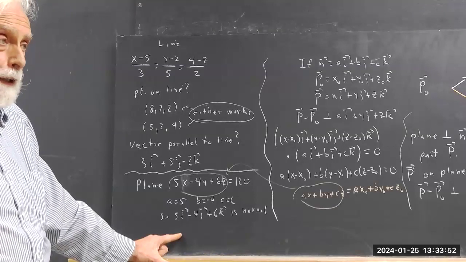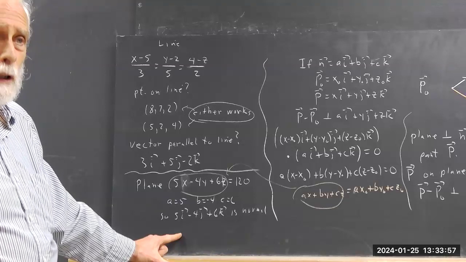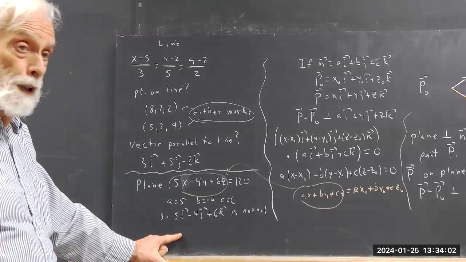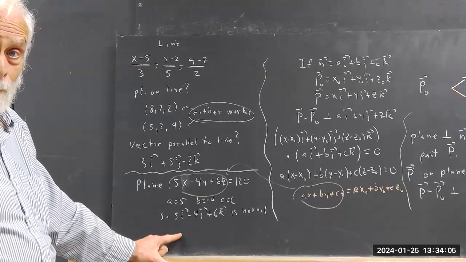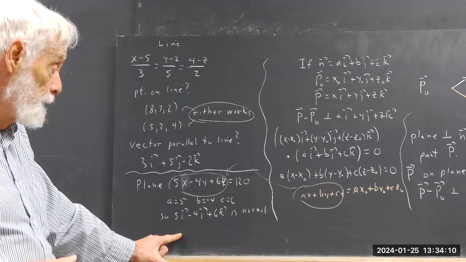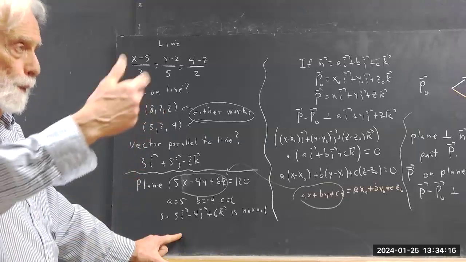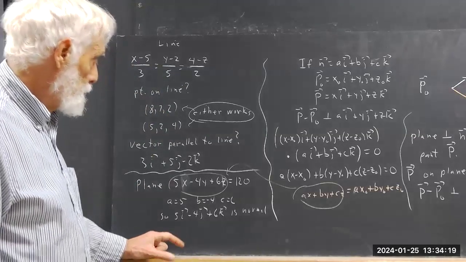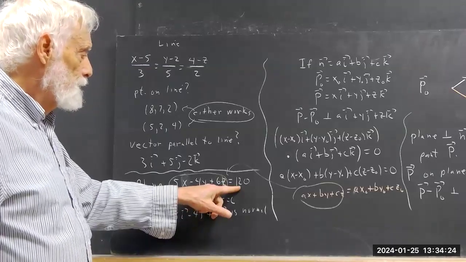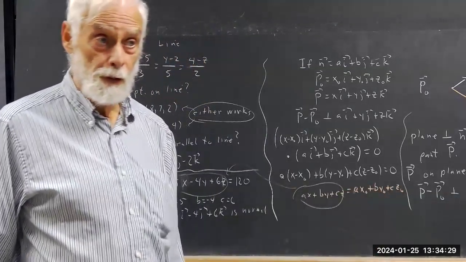Because if you multiply a vector, you don't change the line on which it lies, the direction. You might reverse the direction if you multiply by a negative, but you still have a normal vector. For a plane, it doesn't matter which normal vector you use. When we get to surfaces, you'll want the outward normal. This is normal. Now this number should be Ax naught plus By naught plus Cz naught.